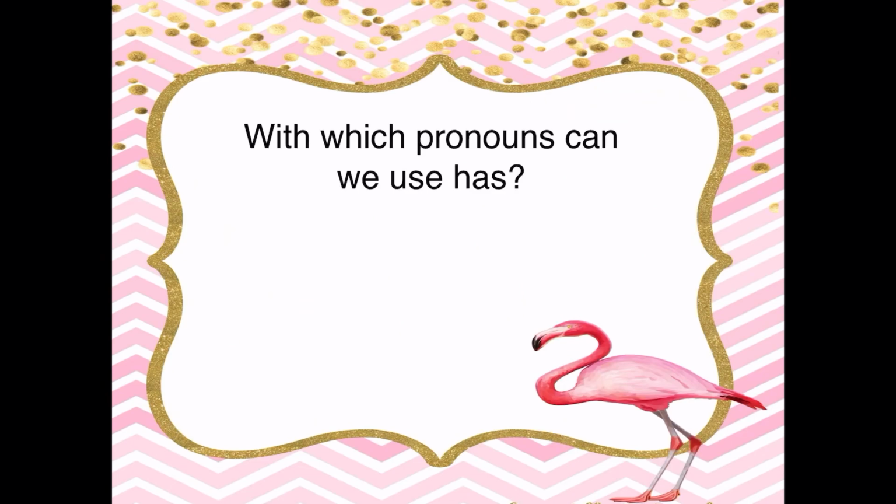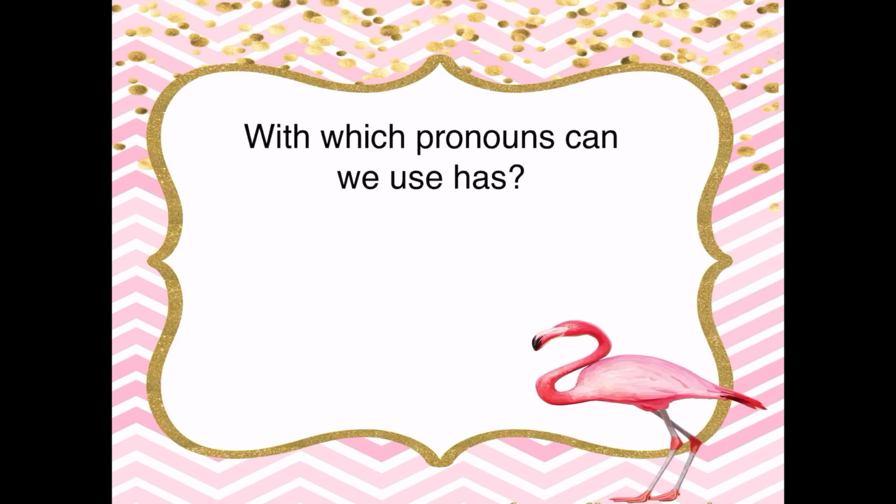Okay? Now, with which pronouns can we use has? As you know, my dear students, we have has and have. When can we use has and when can we use have? We can use has with she has, it has, he has. With the singular pronouns, we can use has.